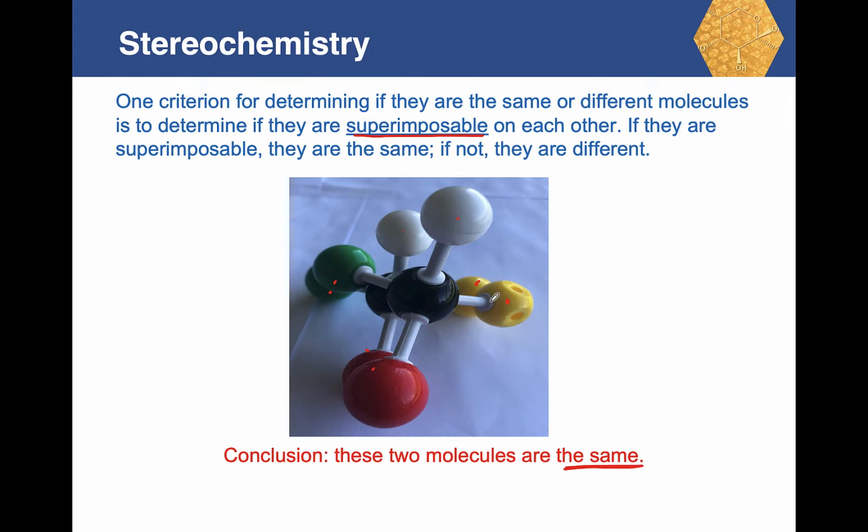We're only seeing things on the screen, 2D. But there's really another dimension, which is the depth of this spatial arrangement. So conclusion, if you have 2 molecules, and if they are completely superimposable, they are the same.